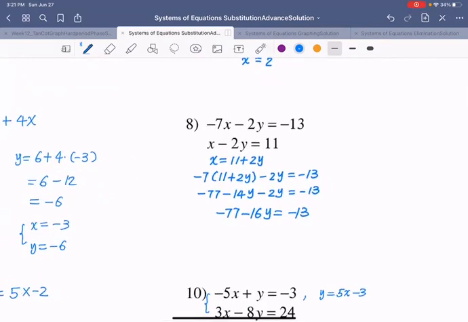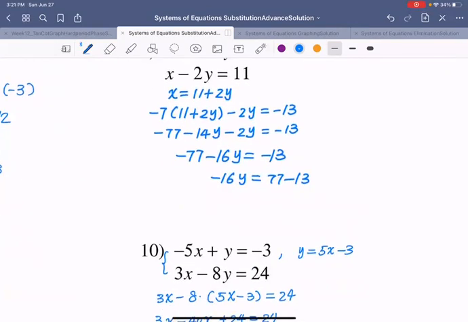And then you add 77 to negative 13, which would be... How much? 64. And then y would be negative 1.